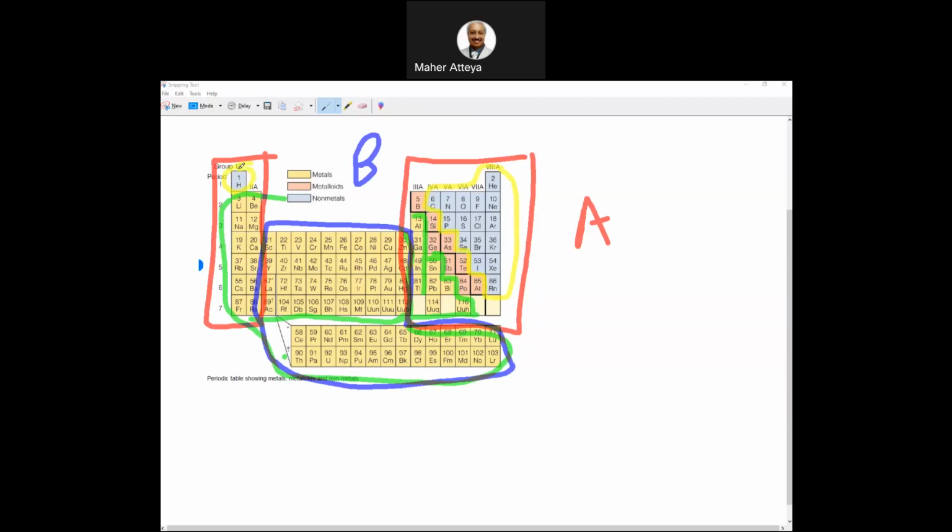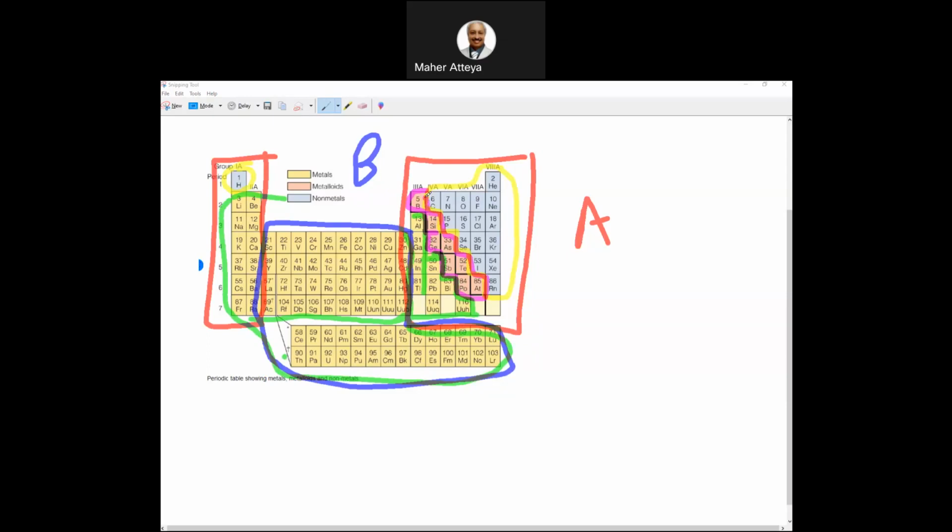And the metalloids are the ones with the orange here, with the stairs here. Those are 2 and 2 and 2, 6, 7, and 8.